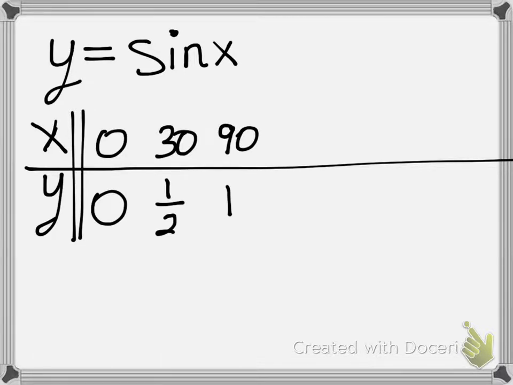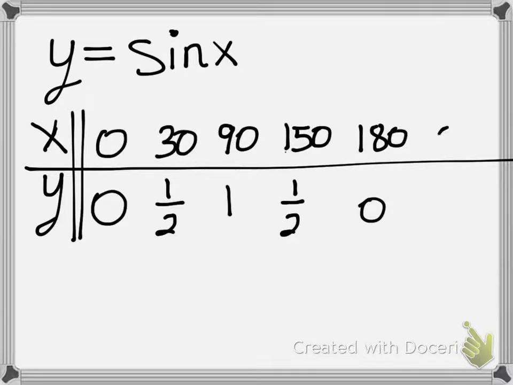And if we keep going around, keep picking these. If we pick 150 degrees, it'll actually give us a half again. If we pick 180 degrees, it'll give us 0. If we pick 240 degrees, that's going to give us a negative 1/2.